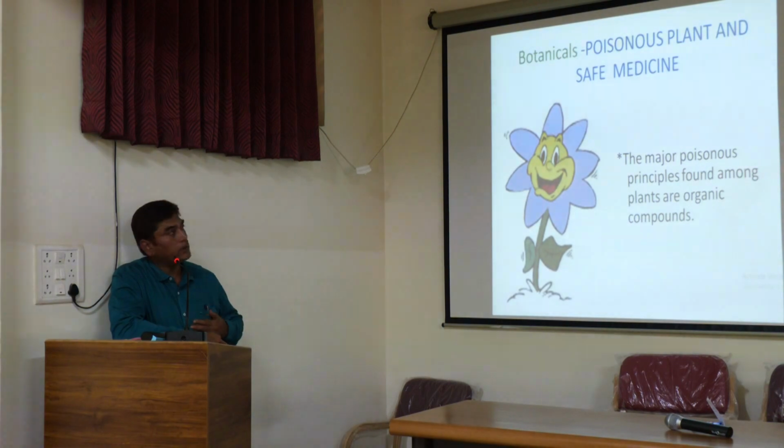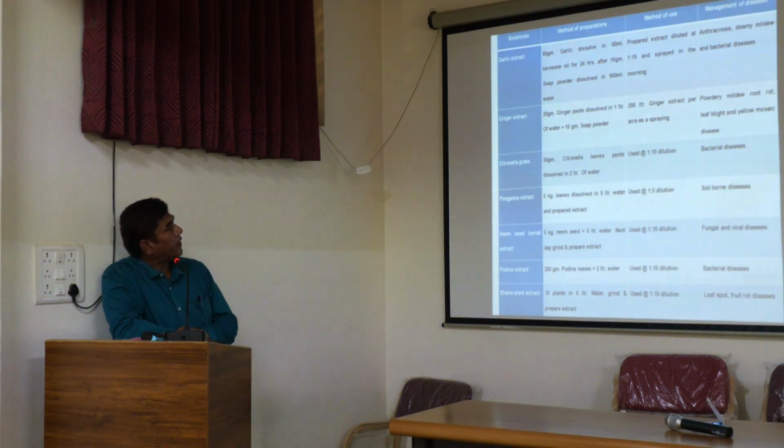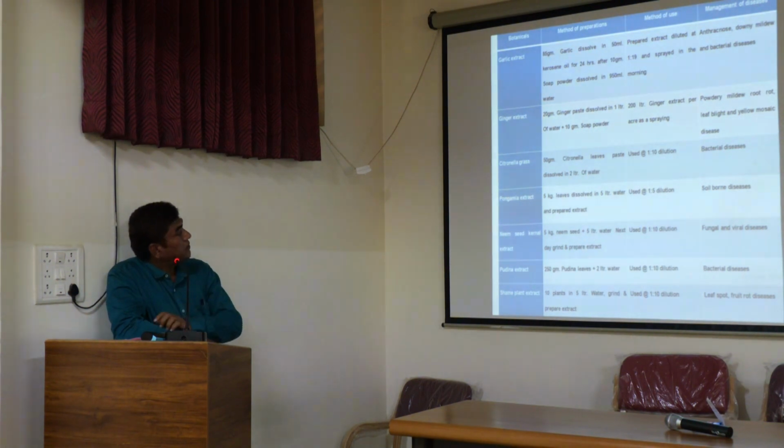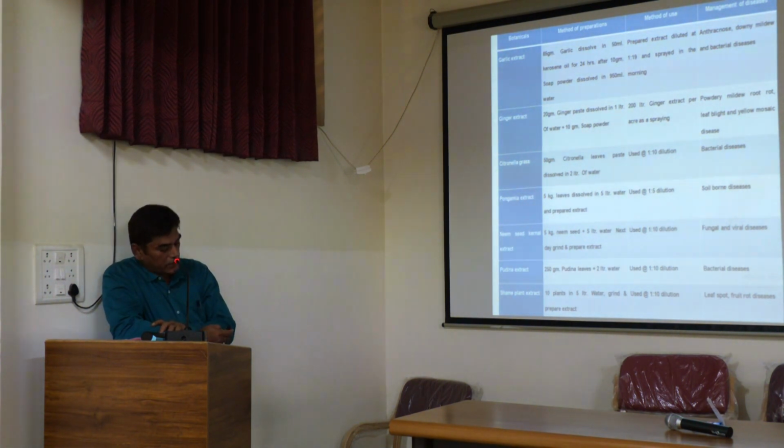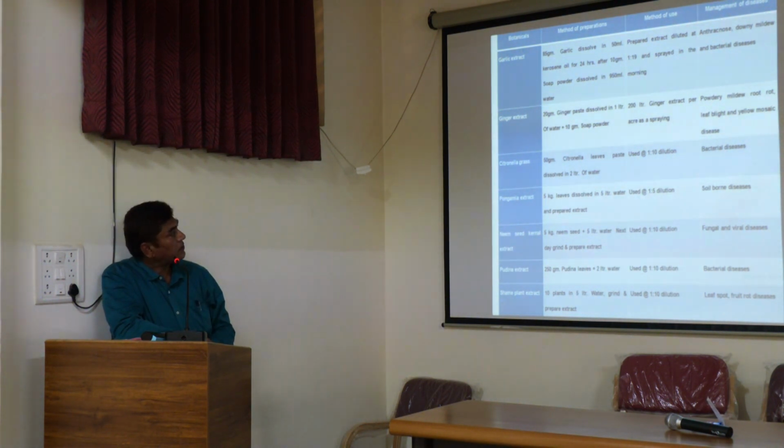Botanicals, as you know, act as poisonous plants and safe medicine. Some I have given in the notes. The important ones are garlic extract and ginger extract. Garlic extract is very effective against anthracnose, downy mildew, and bacterial diseases.